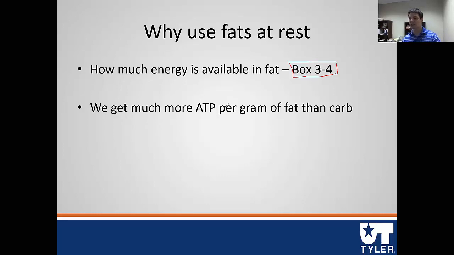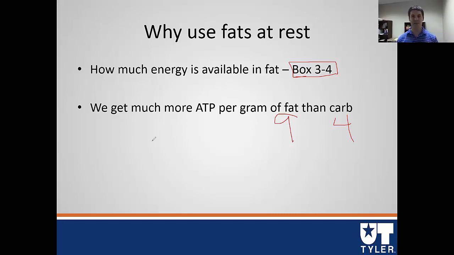So there's two reasons. We get more ATP per gram of fat than carb, right? We get 9, if you'll remember, in fat, 4 in carbohydrates and proteins, and so there's more ATP packed. We even looked at that number when we broke it down in the tally. But two, we just have a lot of it, right? Makes perfect sense.